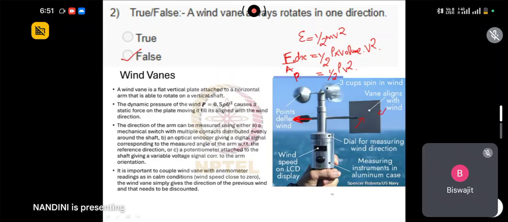What is the equation for a dynamic pressure? Yeah, dynamic pressure is basically dp by dx, change in pressure with respect to distance.